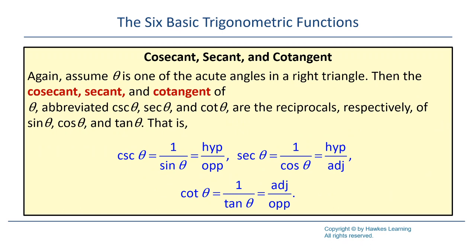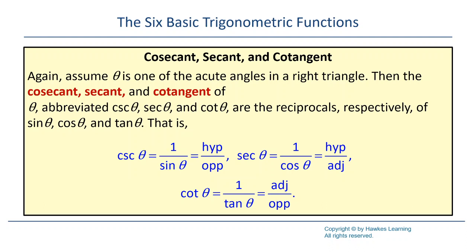Now, cosecant, secant, and cotangent. These are the other relations. The thing is, though, to me at least, it's just easier to not try and memorize, okay, cosecant is hypotenuse over the opposite side, secant's hypotenuse over adjacent, cotangent is adjacent over opposite.